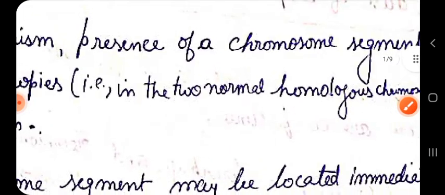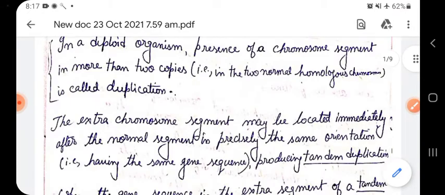That is called tandem duplication, where the additional chromosome segment is located just after the normal segment, that is BCD here. Okay, so this is called tandem duplication.